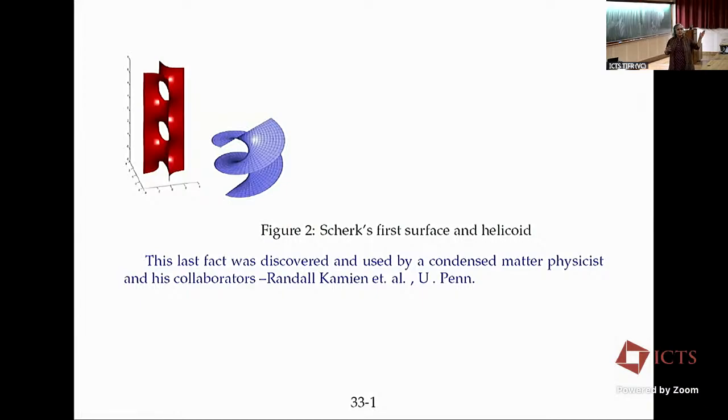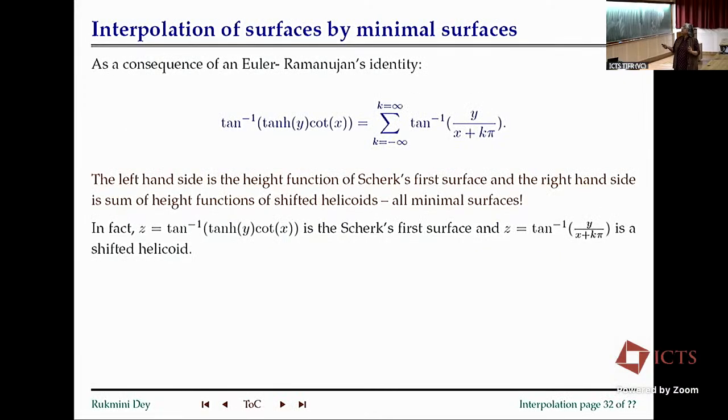For them it was scaled and translated also. The Scherk surface they get is actually scaled and translated versions. The actual surface you get, in crystallography, has a name. Sorry, I don't remember it.